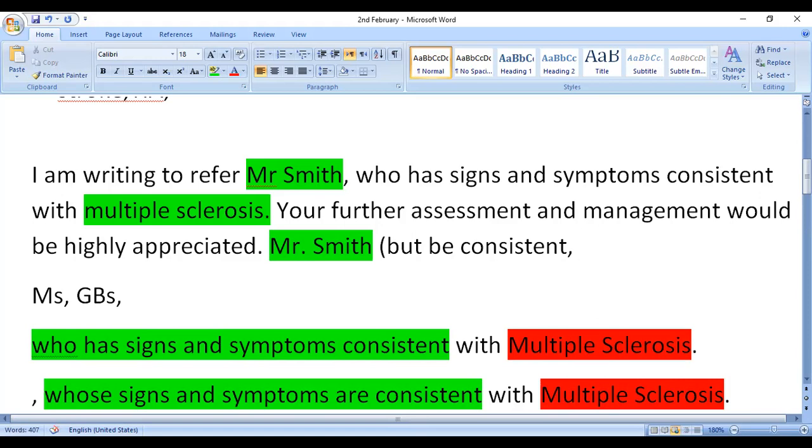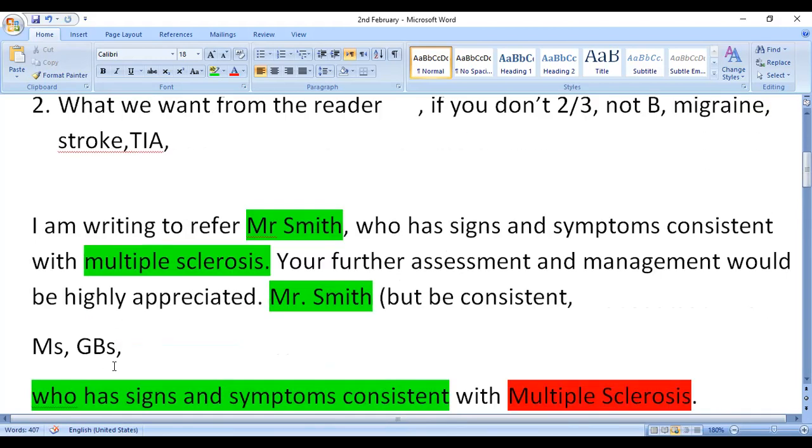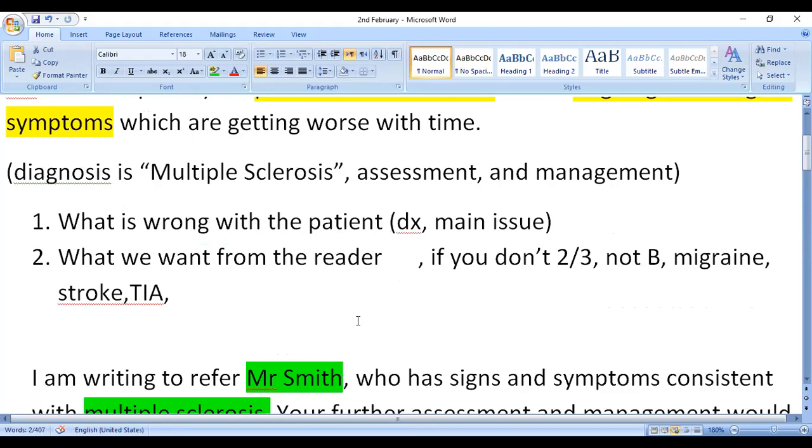So be consistent with one style. Don't sometimes use, sometimes don't use. This is not good. Be consistent with one style.